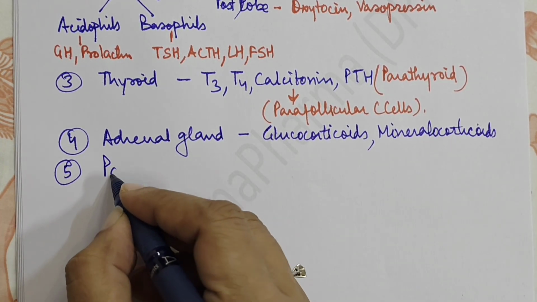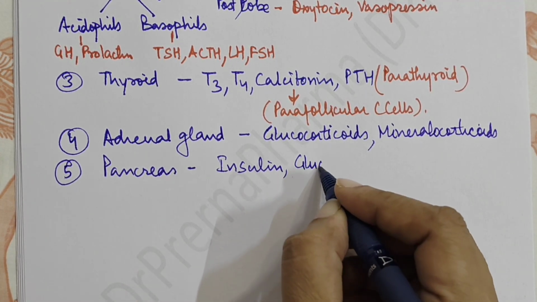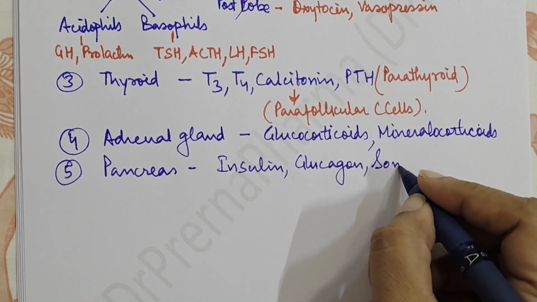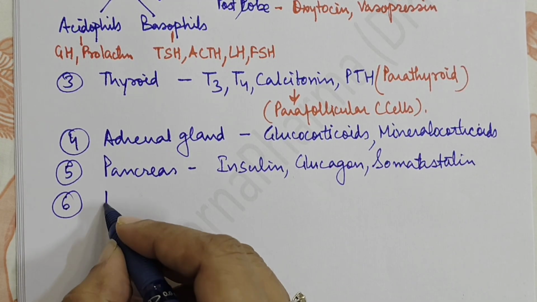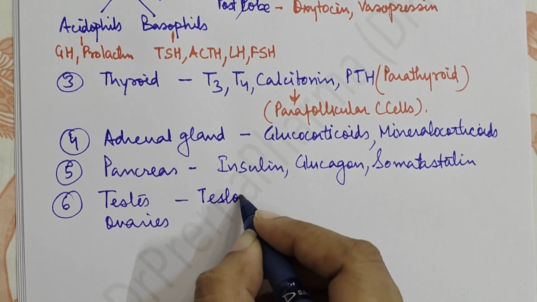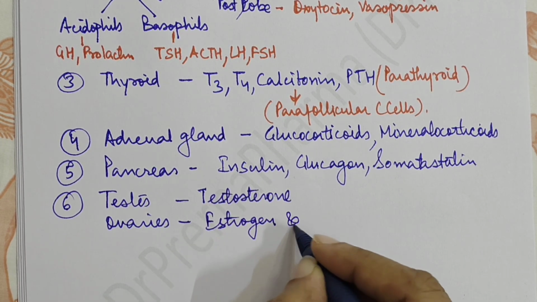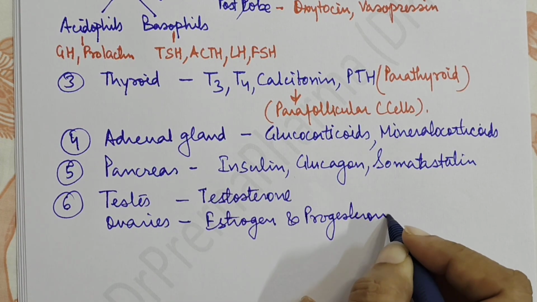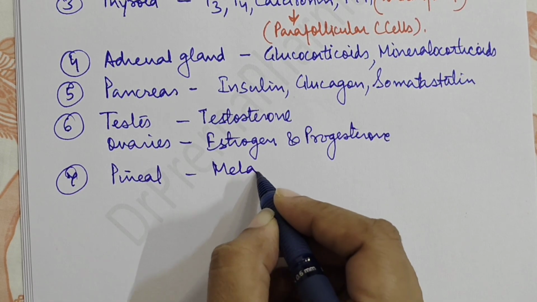Then we have the pancreas which gives rise to insulin, then glucagon, and again here we have somatostatin. Then next we have testes and ovaries. Now from the testes comes testosterone and from the ovaries come estrogen and progesterone, right? Then we also study about the pineal gland which secretes melatonin.